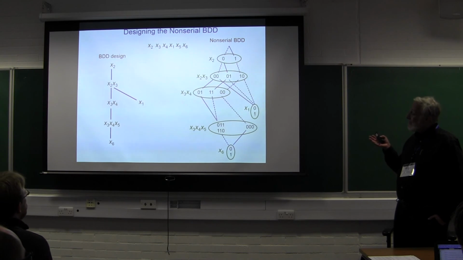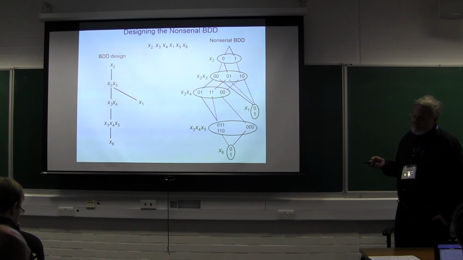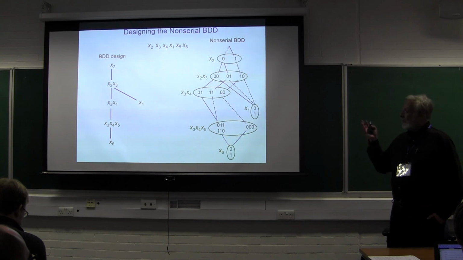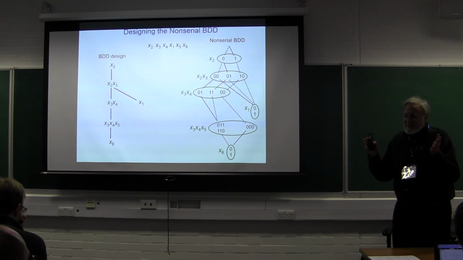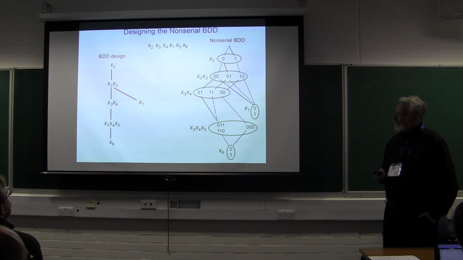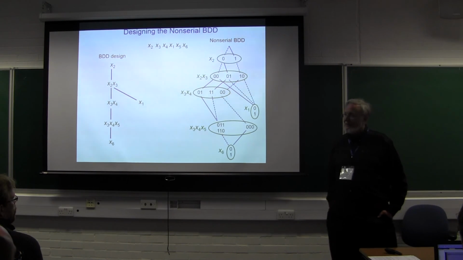So there's a systematic way to construct non-serial decision diagrams based on the join tree of the problem. That's the point I'm trying to make. So it's another way of expanding everything I've told you into a broader array of problem structures to exploit that structure. Okay, so I think we're just about ready for coffee break.